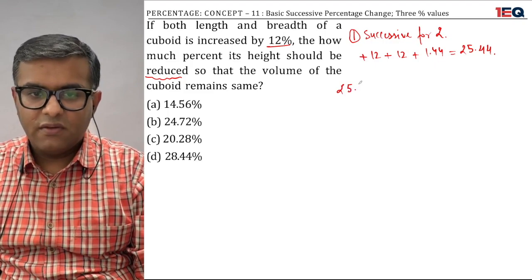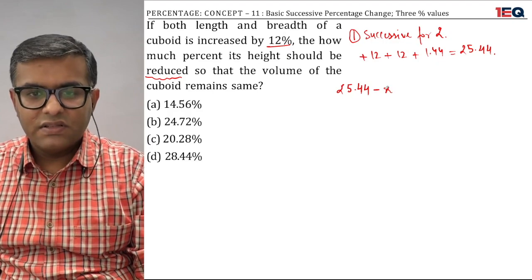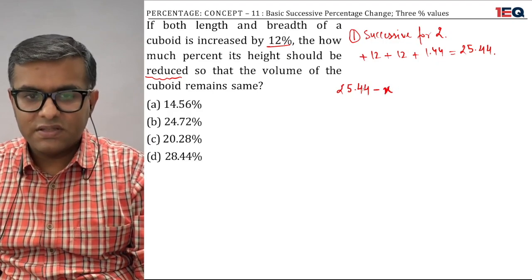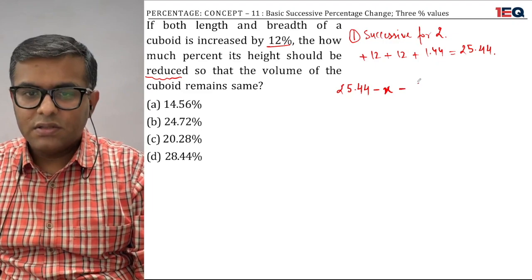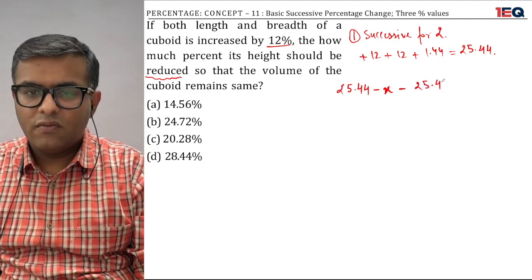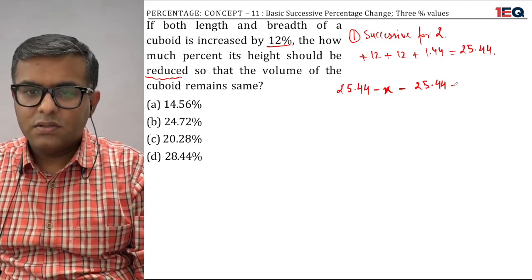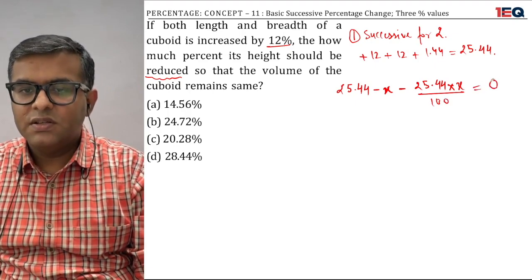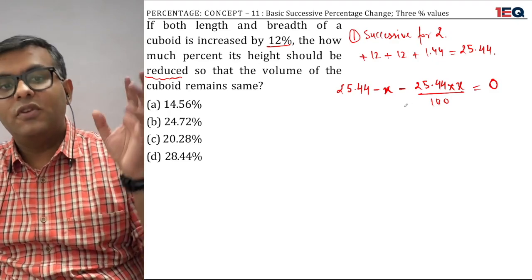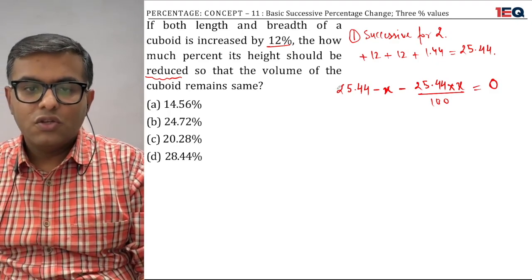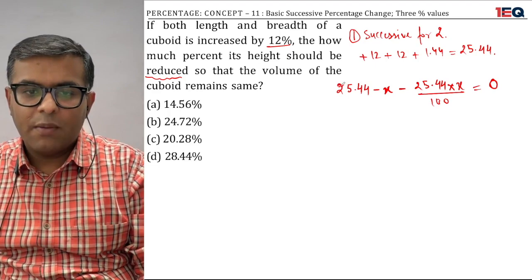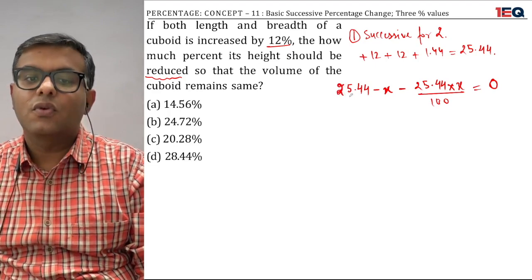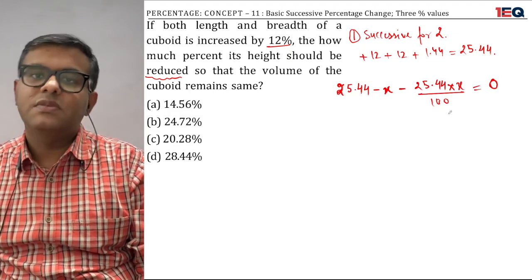Now 25.44 minus x, which is the reduction in height, minus 25.44 multiplied by x divided by 100, and the final outcome should be 0, so that the volume of the cuboid remains same. Okay, so the next percentage change which should happen with 25.44 should be such that the final answer comes out to be 0.